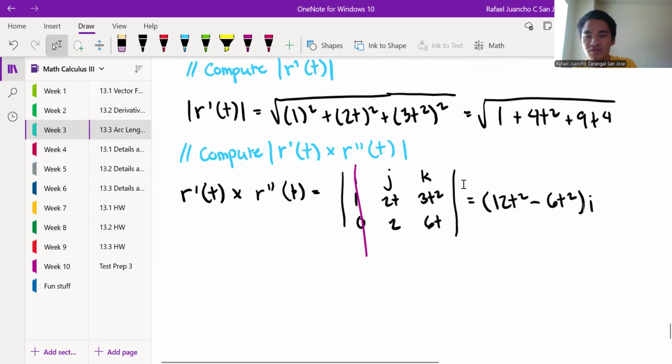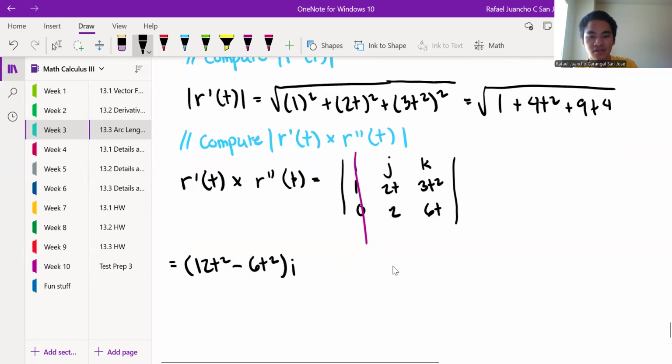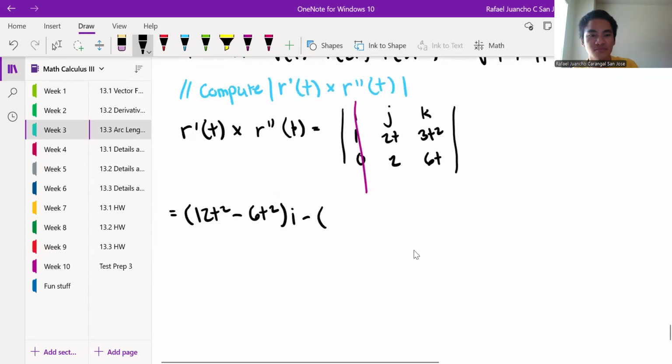Okay, let me put this on another page here. Then I subtract that from my j. So I get 6t minus 0, j.